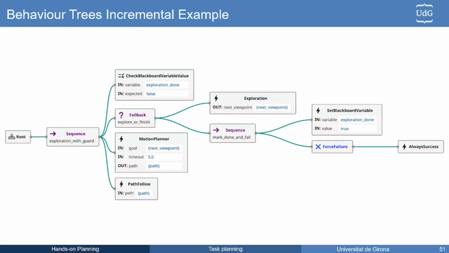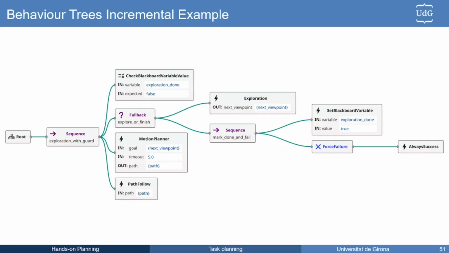Professor, tell me. Why don't we need the always failure in the second system? Because this always works. Then we need some way. I think that even in the slide I will show you, it looks a little bit different, but what we want is not to execute the rest. If we have been unable to set this next best viewpoint, for sure what we do not want to do is to execute the motion planner and the path follow.